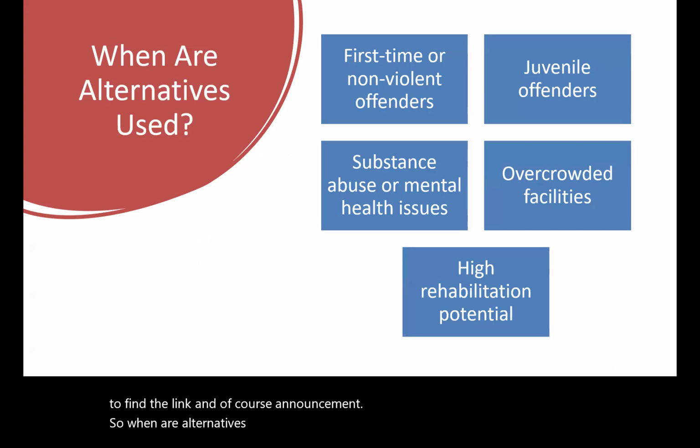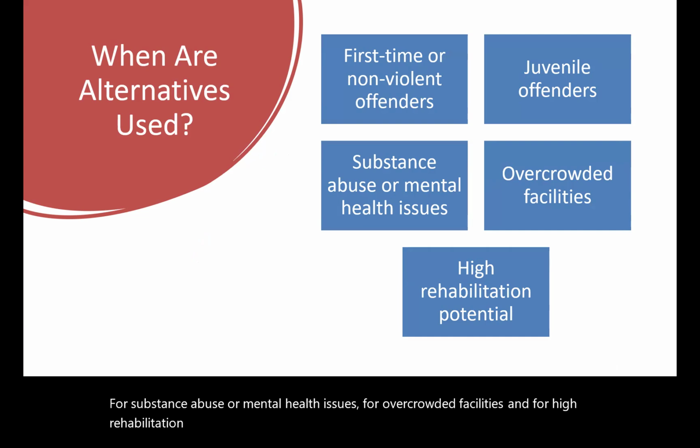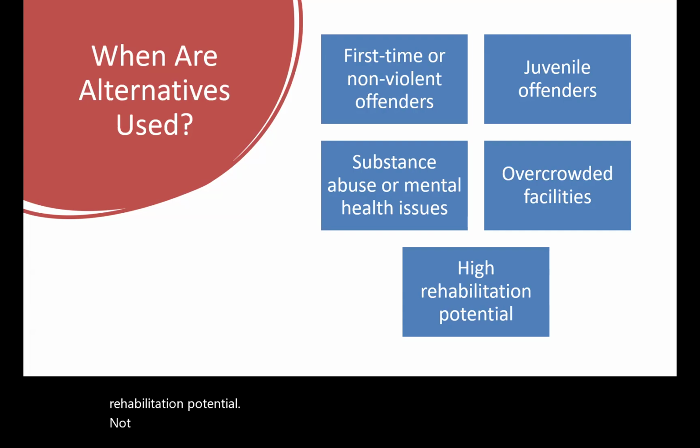For first-time nonviolent offenders, for juveniles, for substance abuse or mental health issues, for overcrowded facilities, and for high rehabilitation potential. Not everybody is allowed an alternative, but these are the types of people that may be assigned to an alternative.